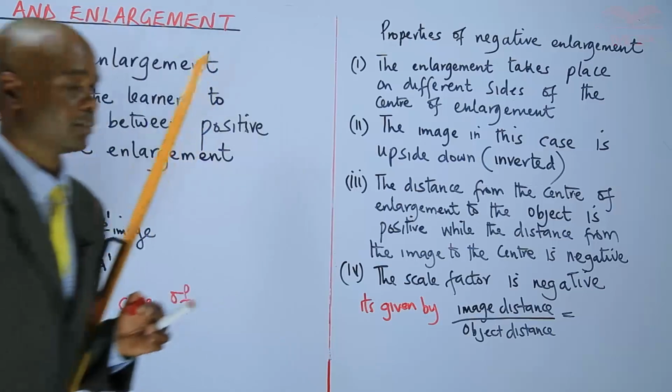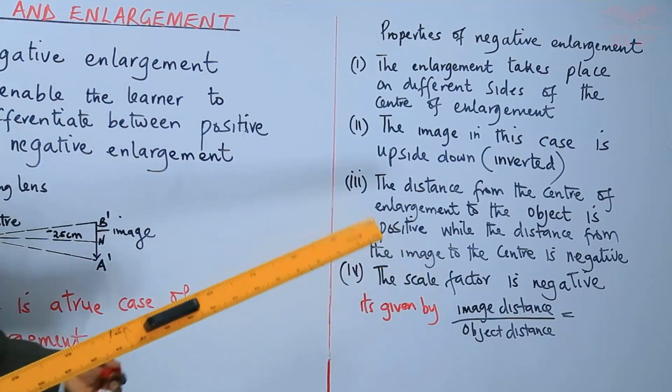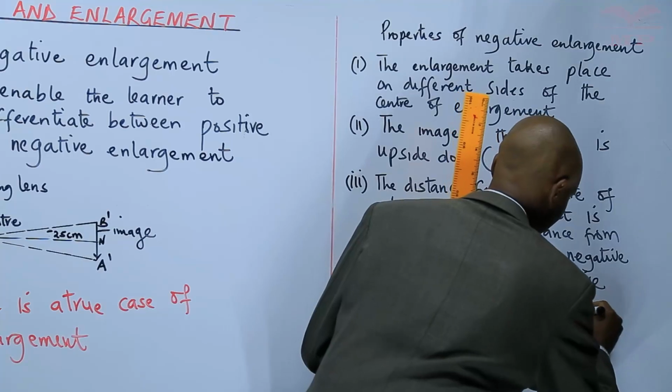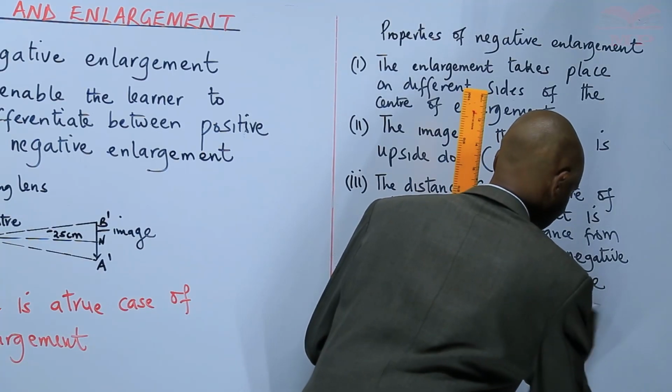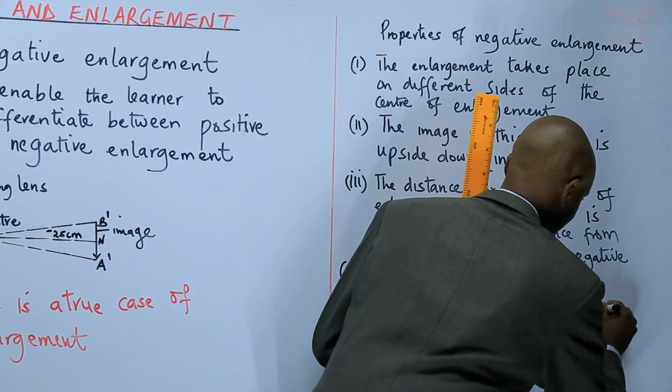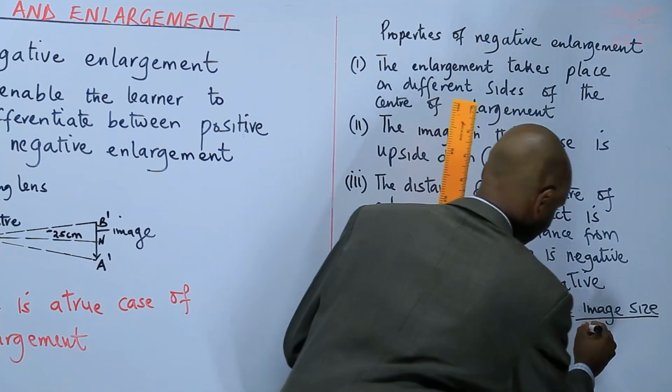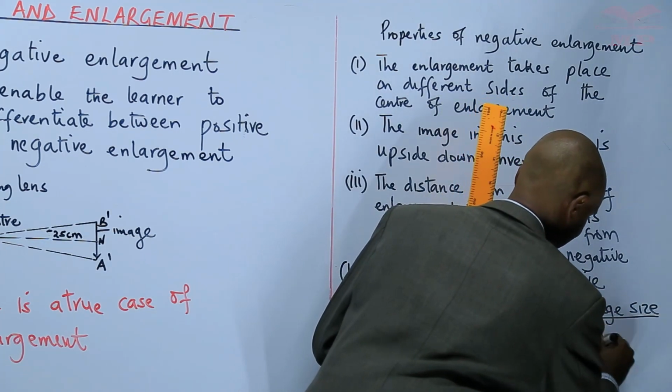That is just one of them. It can be given by image distance divided by object distance, or image size divided by object size.